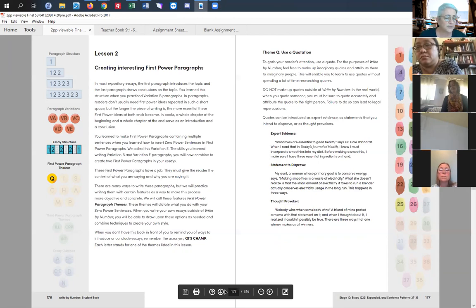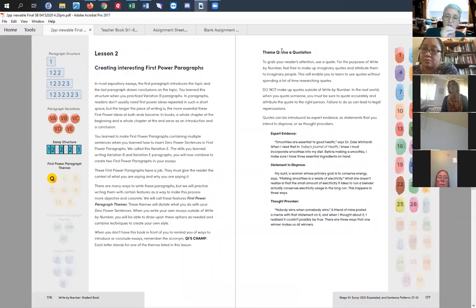So what I do is I quantify that by saying, okay, I'm going to call these paragraph themes. And when you write an introduction or a conclusion paragraph, then you have to use a theme. And you can use other ones besides these, but for this program, I chose using a quotation.